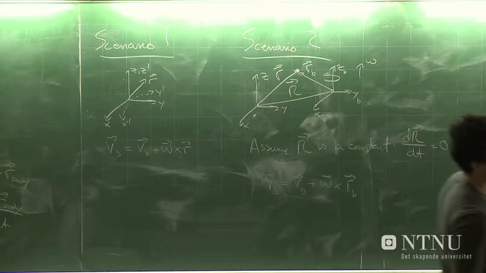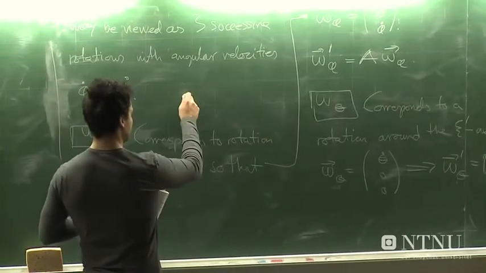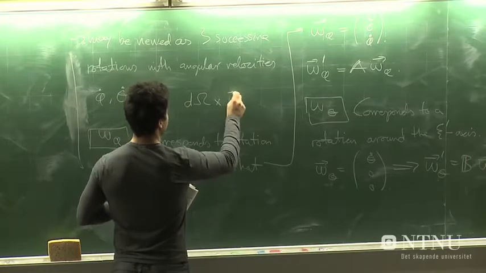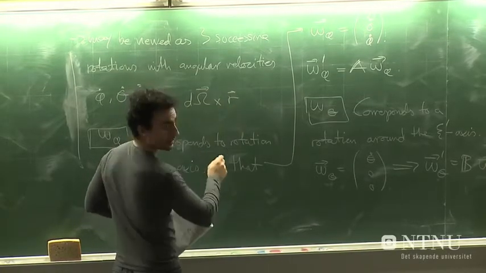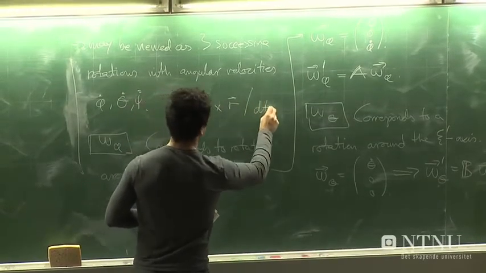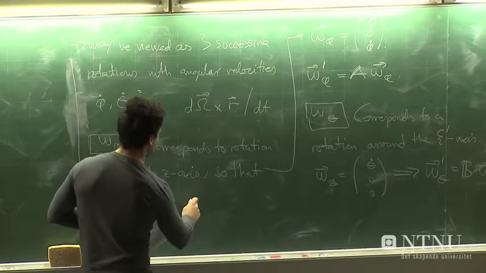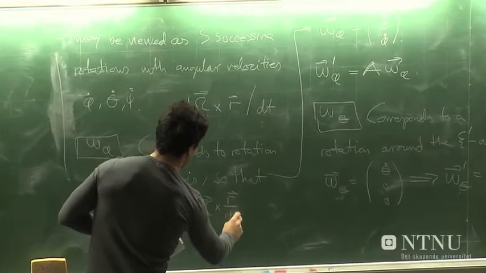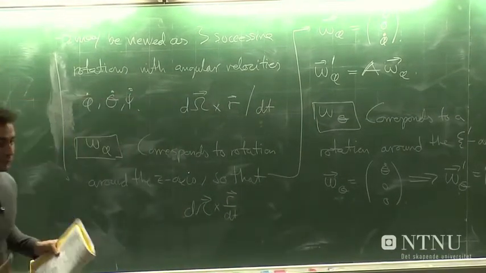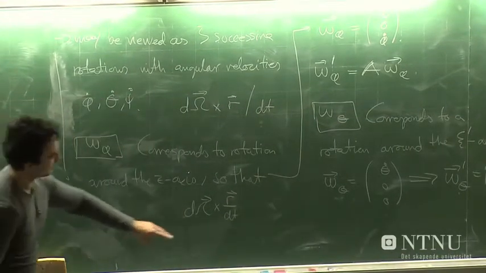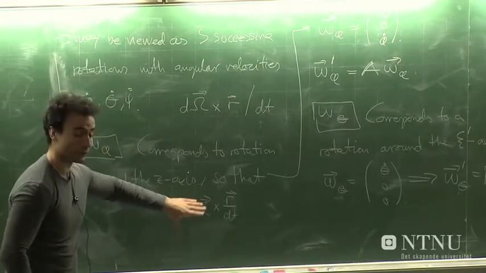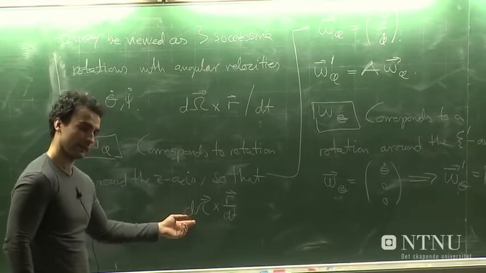So keep in mind here that, let's say g is r, so we had this equation. And then we divide by dt. So if we move dt to r, we have d omega cross r over dt, which doesn't make much sense. So the only way to actually describe this as a new vector, omega, is to move it here. Yeah.